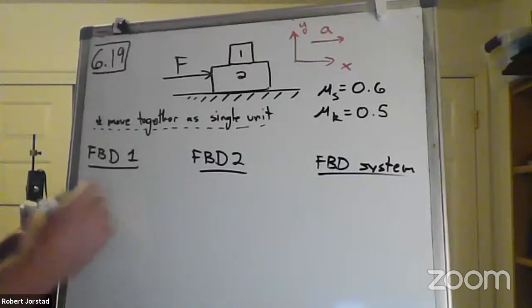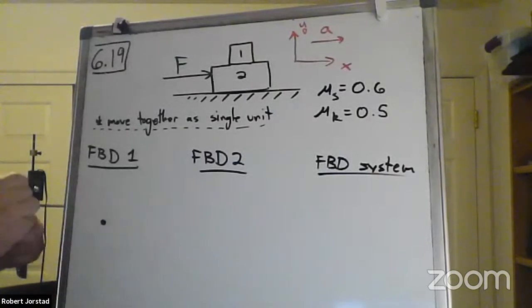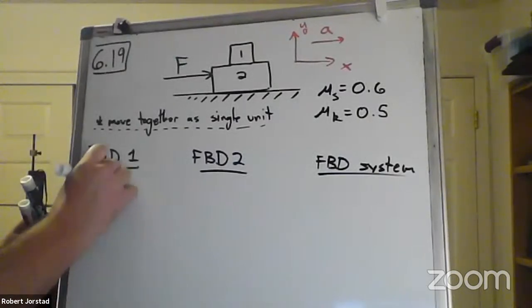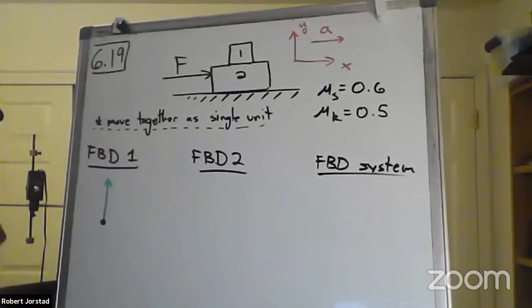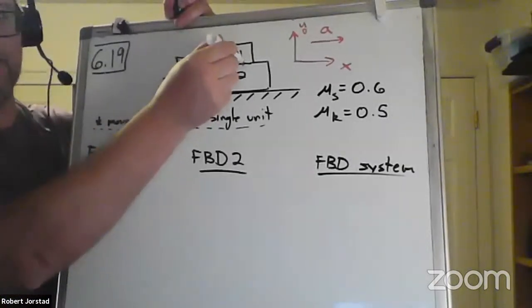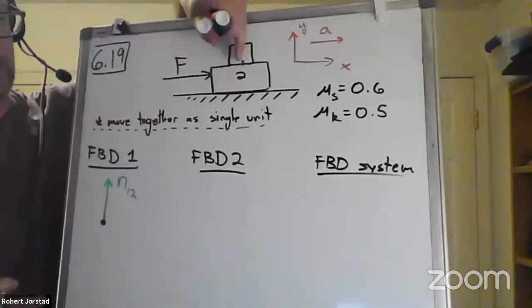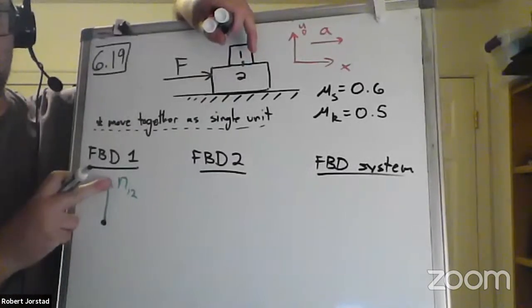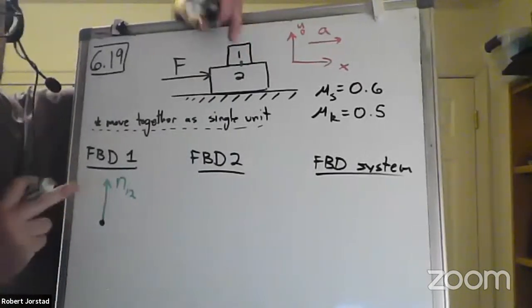Well, there's a normal force up, right? What do you want to call this normal force? I would call it N12, only because it's coming from this interface right here between 1 and 2. So that keeps with our standard convention that we're using on every other problem.